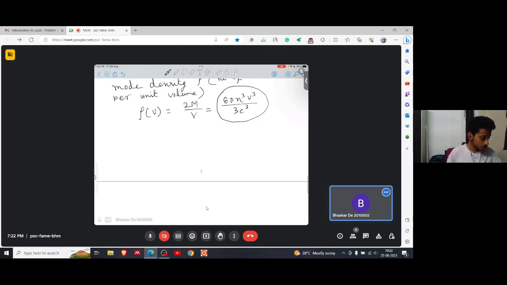Now this rho nu can be differentiated to obtain the number of modes per unit volume within a given frequency interval between nu and nu plus d nu. So in that frequency range, the mode density is 8 pi eta cube nu square by c cube.